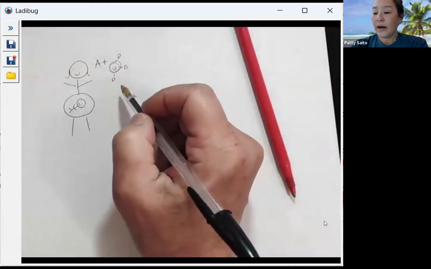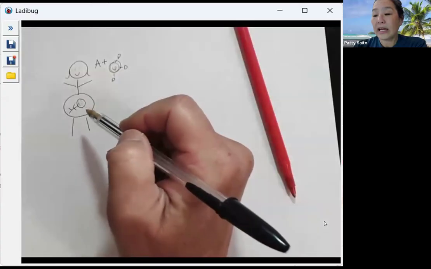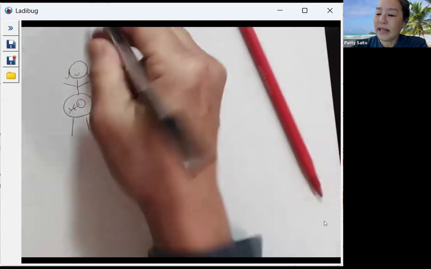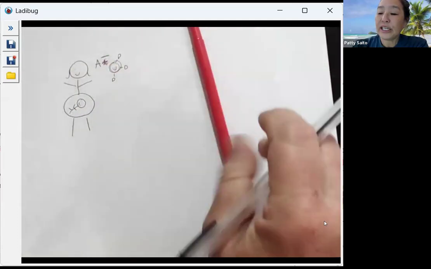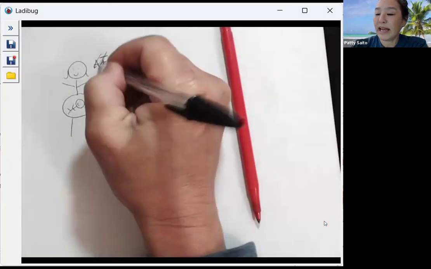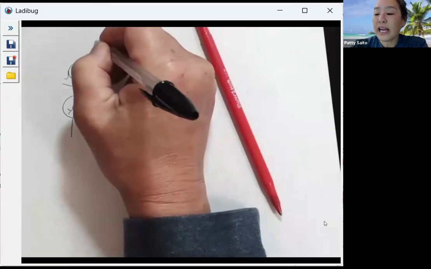Okay. So with a positive mother and, oh, sorry, if she is a negative, I'm doing this wrong. Let's start over. Here's mom. Mom is Rh negative.